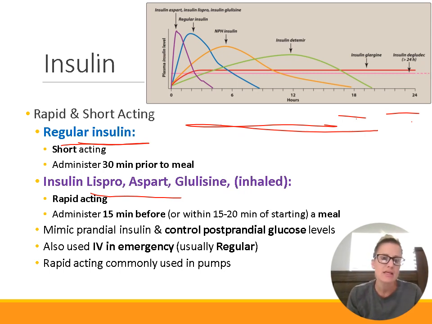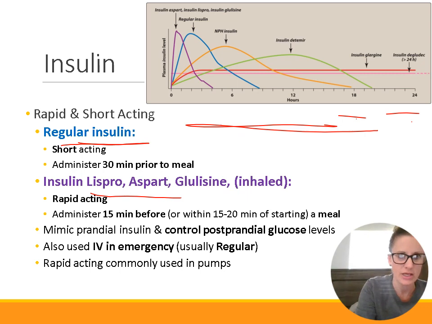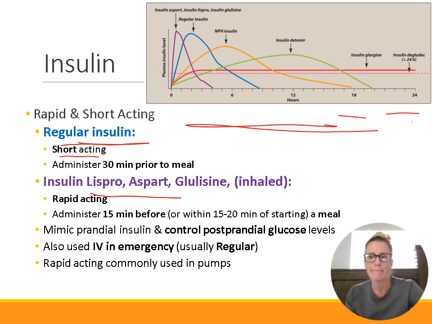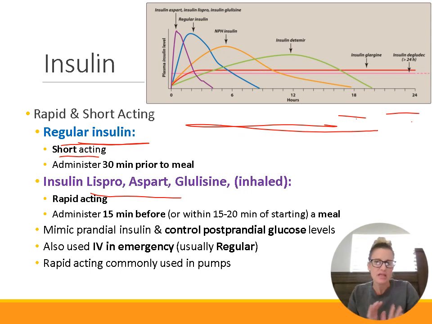So, rapid acting and short acting insulins. These are like our mealtime bolus, right? When you eat a meal, you get a big peak that doesn't last that long. Regular insulin is a short-acting insulin. It peaks, at its highest point, between about 50 and 120 minutes. So for 1 to 2 hours, regular insulin is at its highest point.